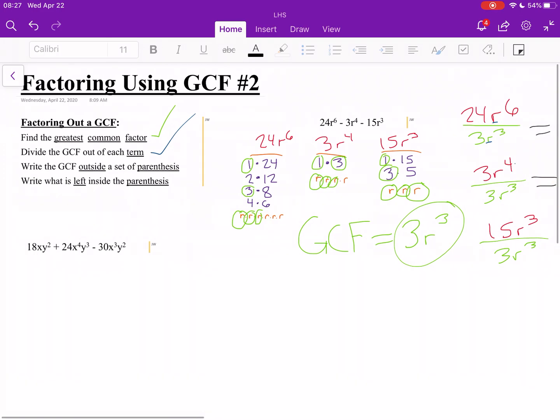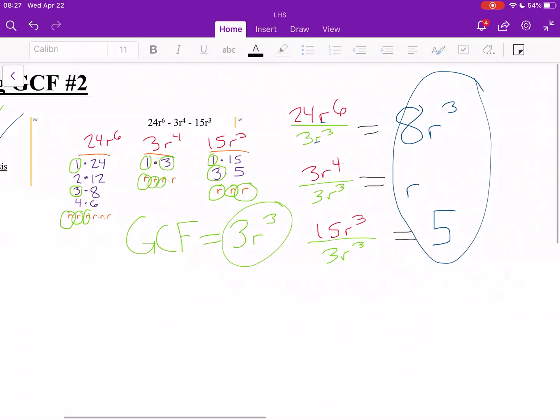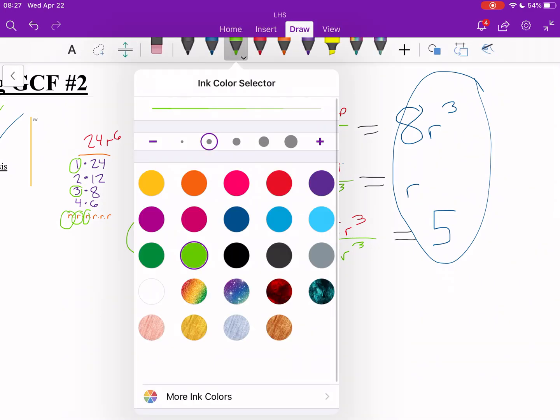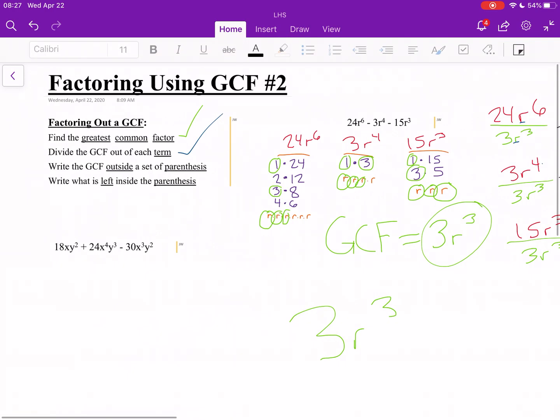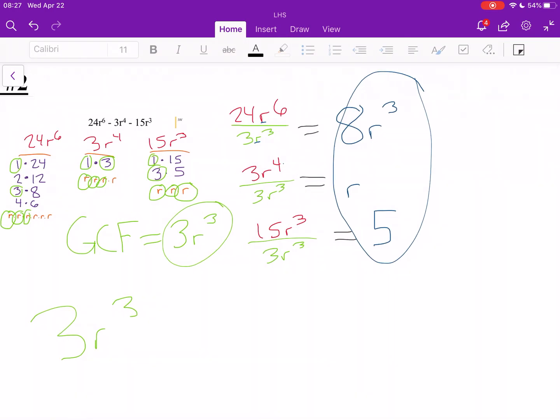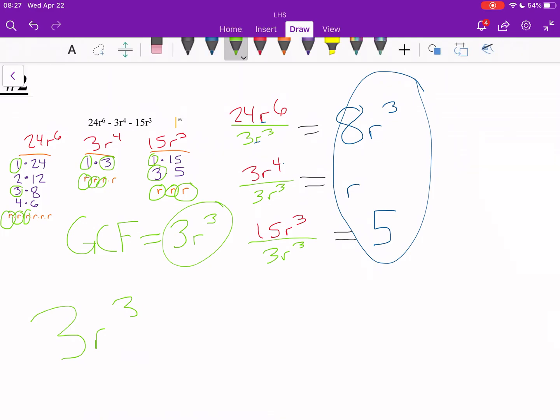We're going to write the greatest common factor outside a set of parentheses. So there's my green greatest common factor. I'm going to write him 3r to the power of 3, outside a set of parentheses, leaving lots of space to put some stuff inside.